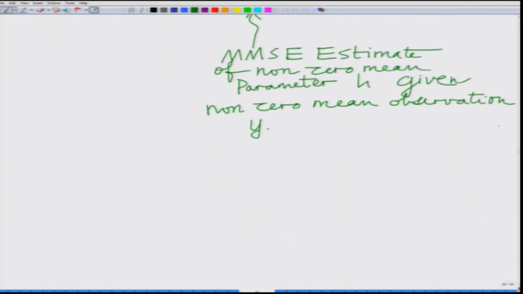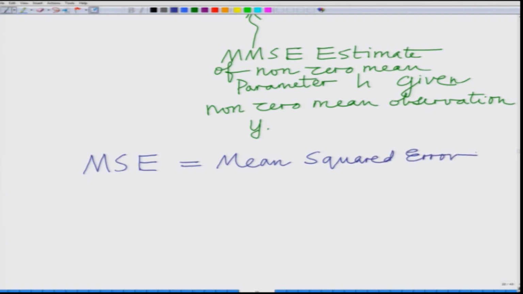Now, the variance, the MSE or the mean squared error. Remember previously we had the expression r h h minus r h tilde y tilde.